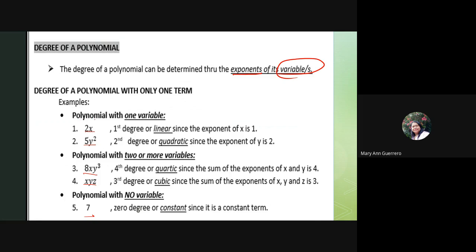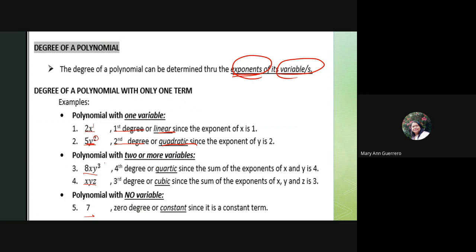One term, a polynomial with one variable, with two or more variables, with no variable. Pagka one variable, to determine the degree, tingnan lang natin yung exponent. Okay, so remember po ko lang exponent, ibig sabihin 1. So, ibig sabihin ito, first degree yan. It's called linear. So, ito naman ang exponent ni variable y, 2. So, second degree yan, which is called quadratic.